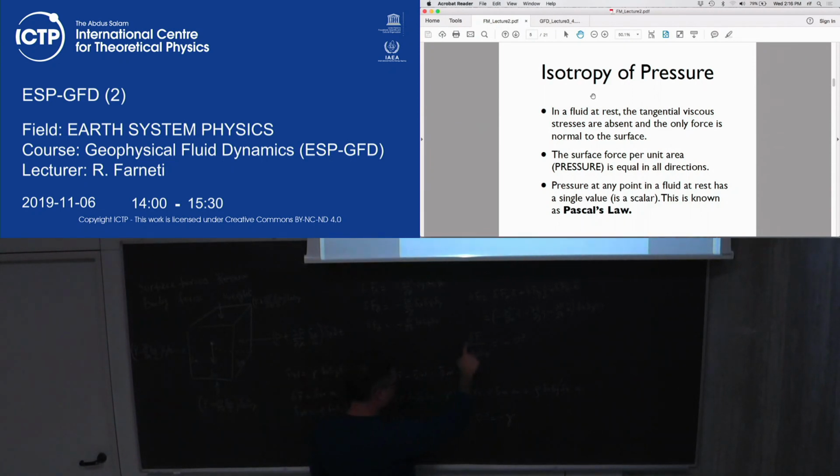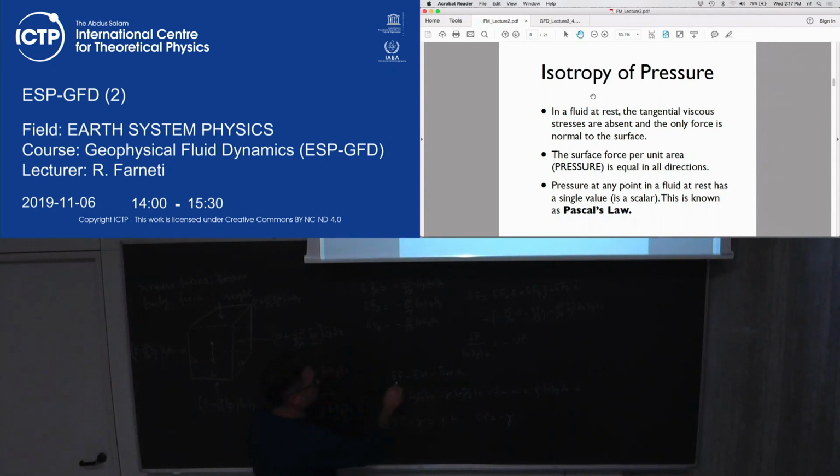All the forces on the infinitesimal volume of fluid are equal to minus grad P per unit volume. But then we have not considered the weight of the element of fluid, which is gamma times the element of fluid. So if we look at Newton's second law, F is equal to mass times the acceleration, and mass is rho times the element of fluid. So all the forces minus the weight, which is directed downwards, is going to be equal to mass times the acceleration.